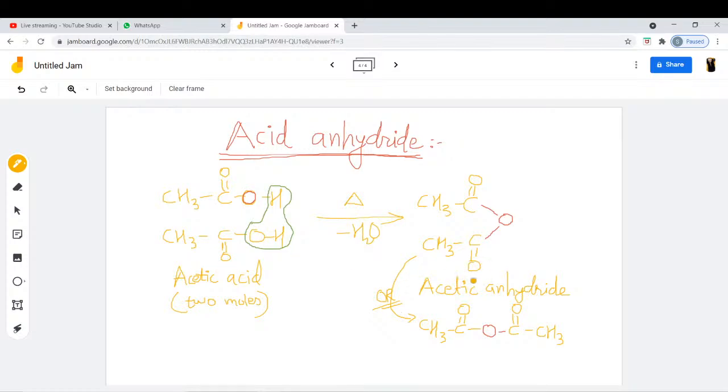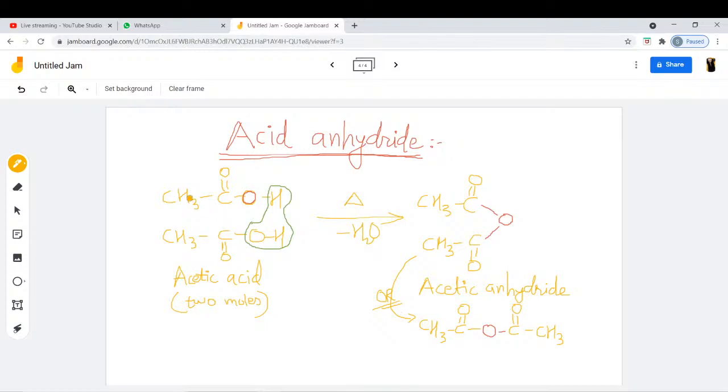Remember: acid anhydride forms of any substance are much more reactive than the acid form.